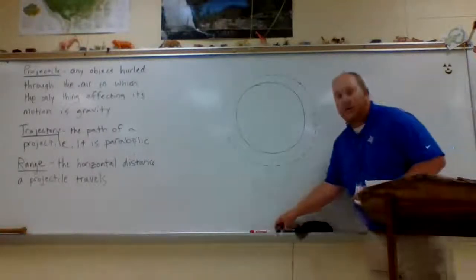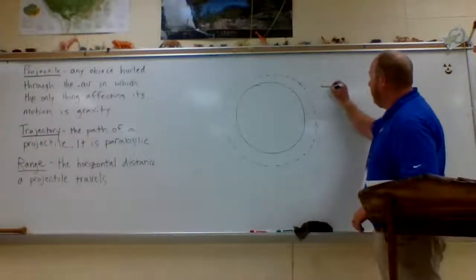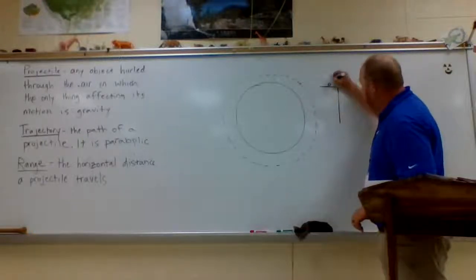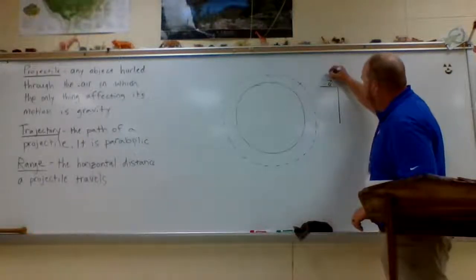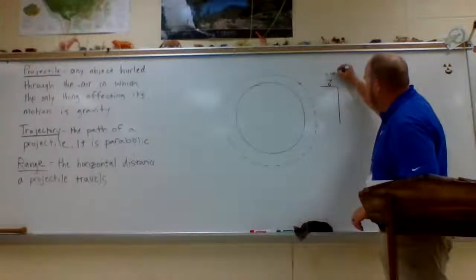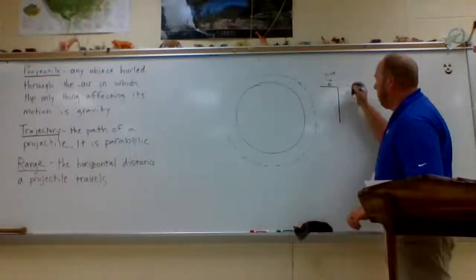Basically, what that means is this. If you have a ball that's rolling at 50 miles per hour, I know that's kind of weird, but let's just say it like that.